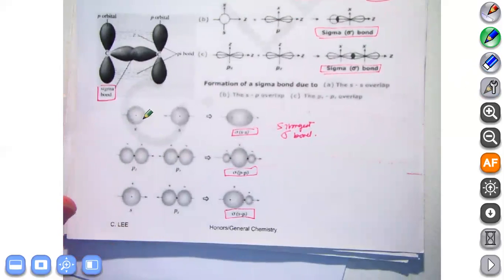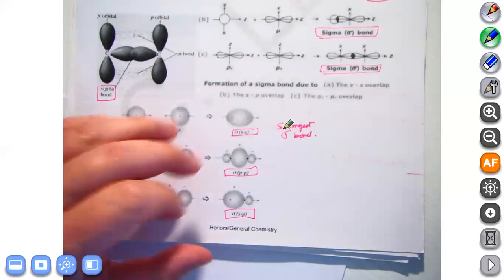Head-on overlapping between two s orbitals of two different atoms, head-on overlapping between two p orbitals coming from two different atoms, and also head-on overlapping between the s orbital of one atom with the p orbital of another atom. And this is pz. All of these combinations will give you sigma bonds, and s-s overlapping being the strongest sigma bond.